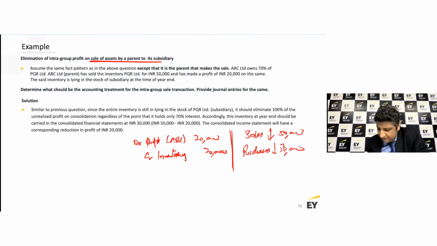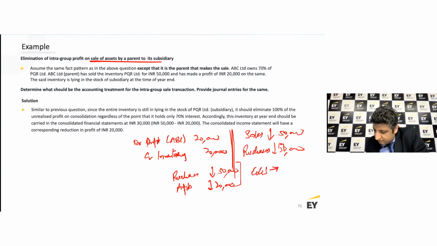Effectively, if your purchases are reducing by 50,000 and your profits are also reducing by 20,000, then your inventory is reduced by 20,000 and your cost of goods sold is impacted to the extent of 30,000, for example. That's broadly the thought process that you want to carry along.